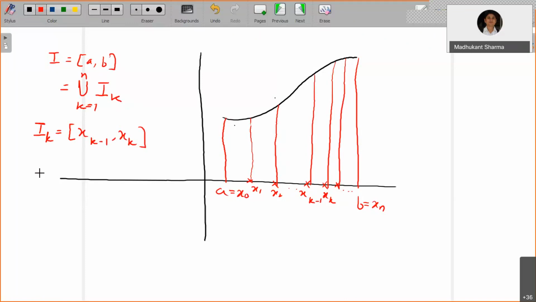Then we have also denoted the length of Ik by delta xk, which is nothing but xk minus xk minus 1.